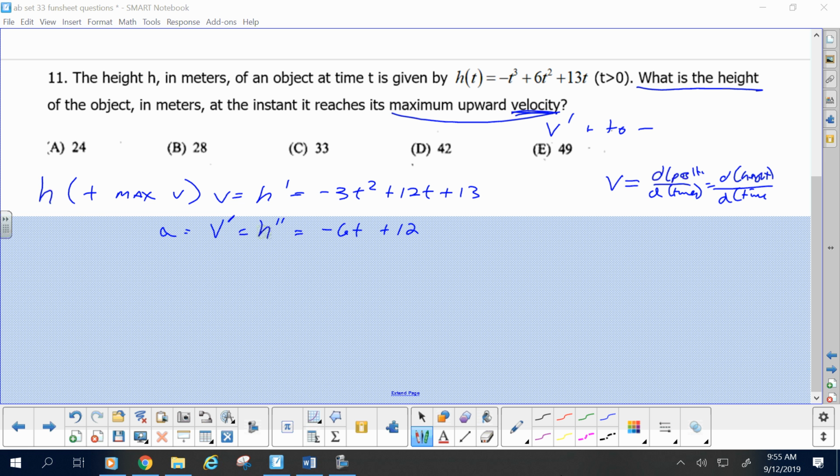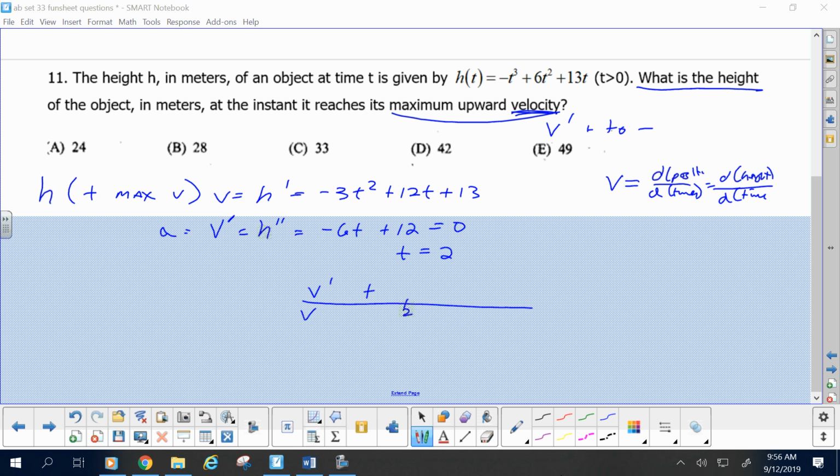Now, that's what I want to find where it goes positive to negative. Now, I say, all right, what are the zeros, which in this case is at 2. I sign test not h prime, but v prime, because I want to know where v changes from increasing to decreasing. Before 2, like at 0, what's v prime? Positive or negative? Positive.